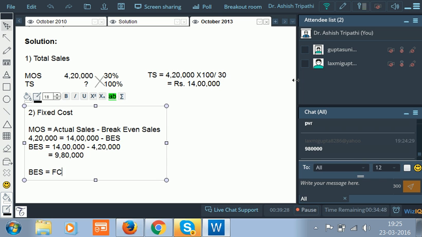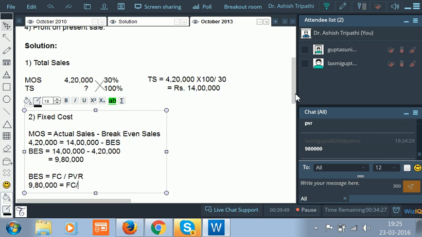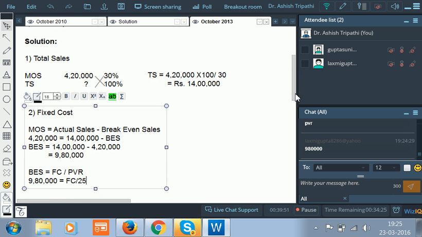So let us try. Break-even sales is equal to fixed cost upon PV ratio. So we have break-even sales, which is 9,80,000, equal to fixed cost upon PV ratio. PV ratio is 25%.